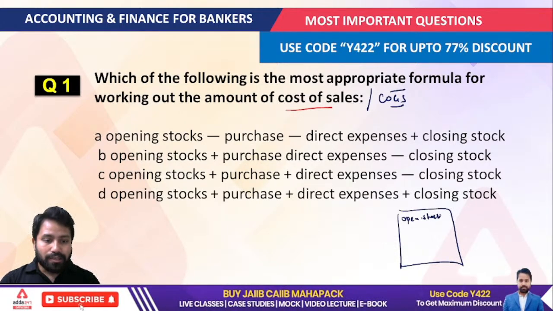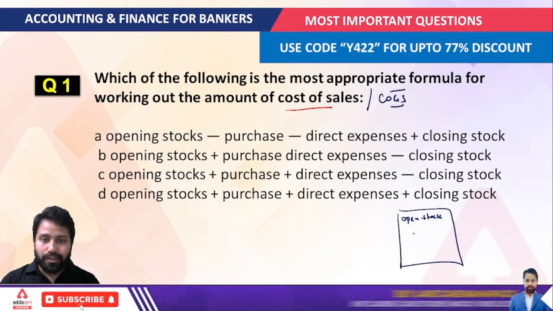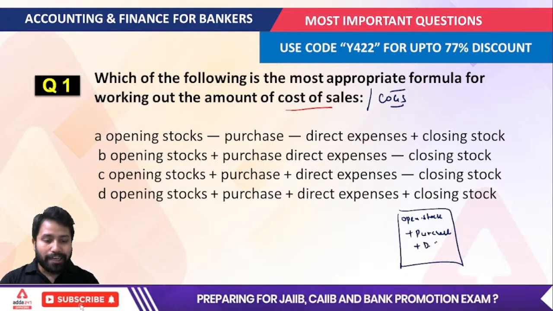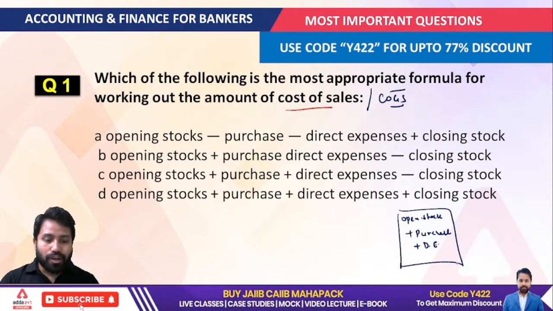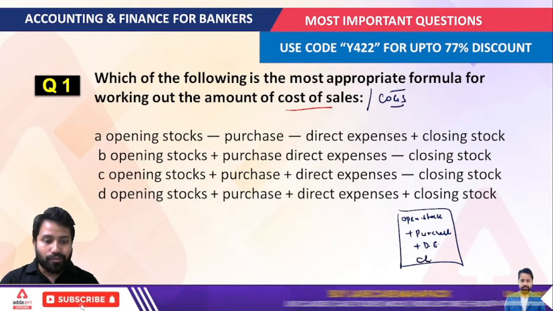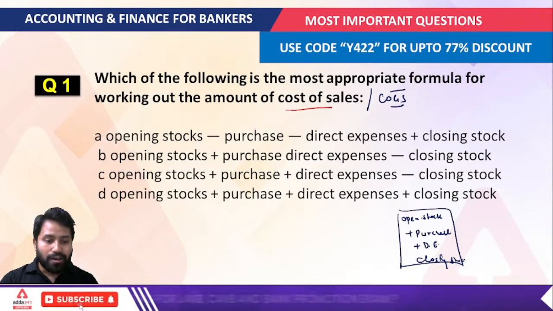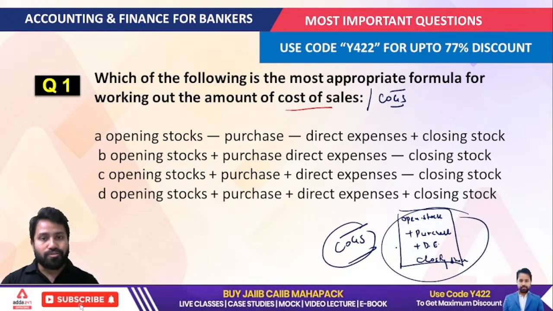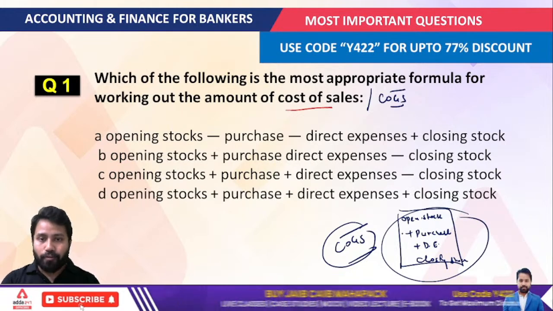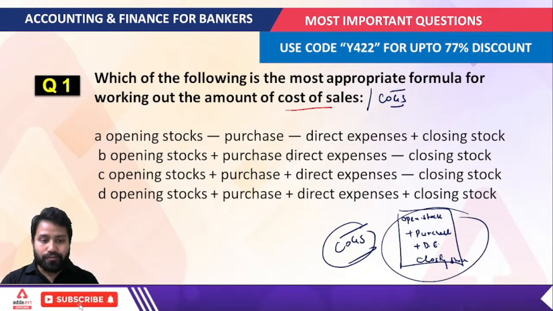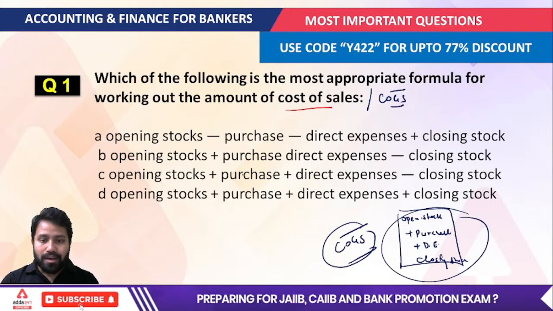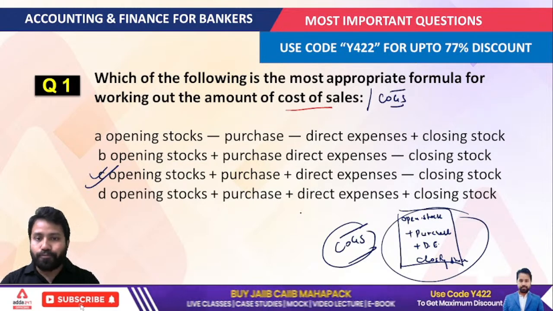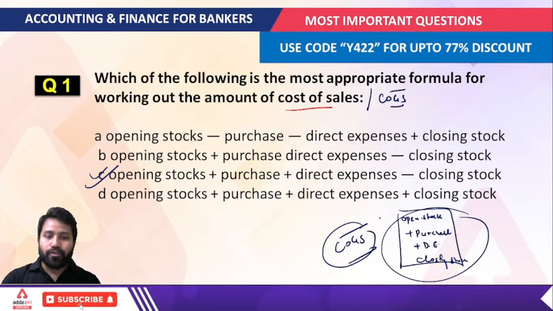After that, you made some purchases, then there are all the direct expenses, and whatever stock remained is our closing stock. The summarization of this is known as the cost of goods sold or cost of sales. The correct answer is opening stock plus purchases plus direct expenses minus closing stock, which I am getting in option C. So that should be your correct answer.